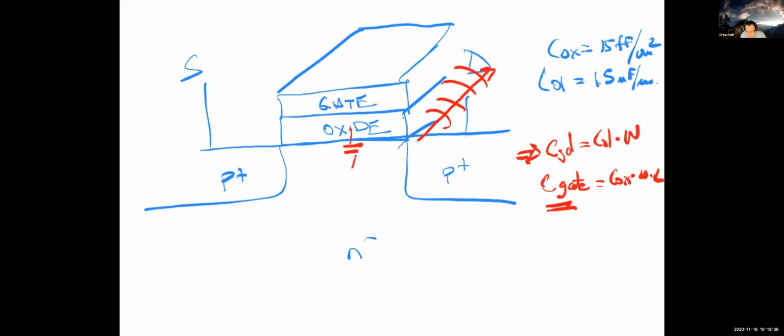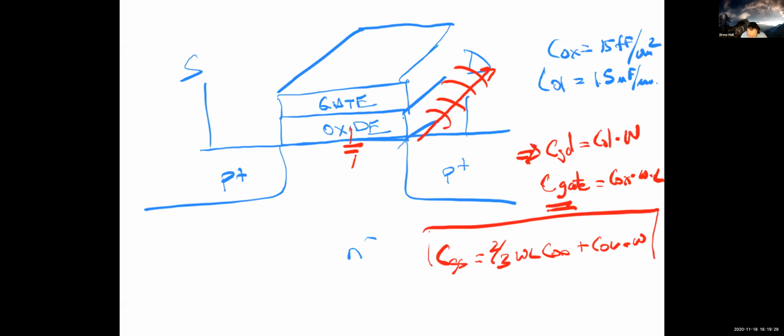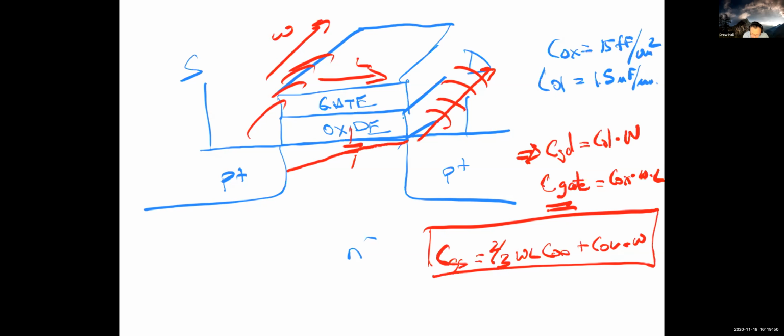Yes, that's why I didn't write it out, but that's exactly the right equation. So that COV again is just multiplied times the width? Yes, so CGS is equal to 2/3 WL Cox plus COV times W. Because we have the portion of the gate capacitance, or the oxide capacitance here, and we have the overlap capacitance on the source side, which again depends on the width of the device, not the length of the device.